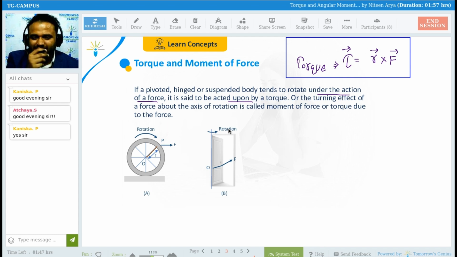You can see it easily whenever we open or close the door: the door rotates through a half circle. That is torque. You can understand the more physical meaning very easily: torque is nothing but the turning effect of force.